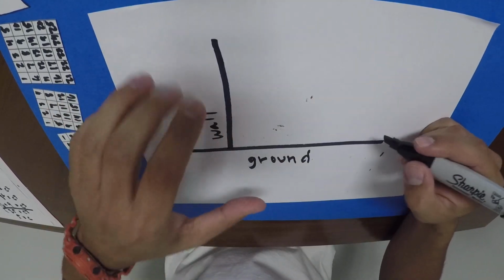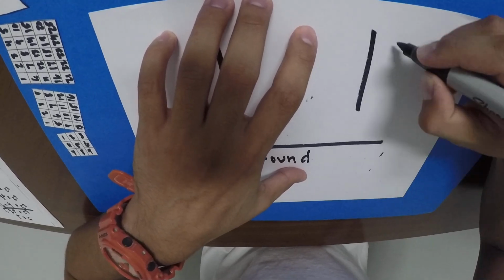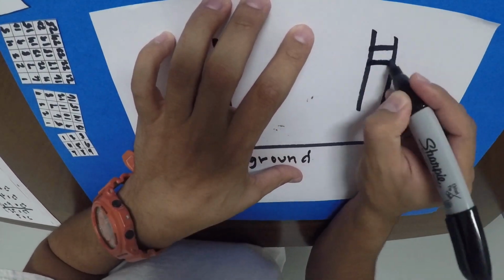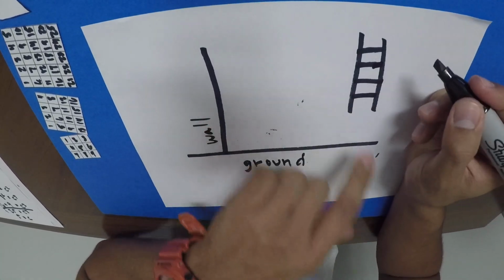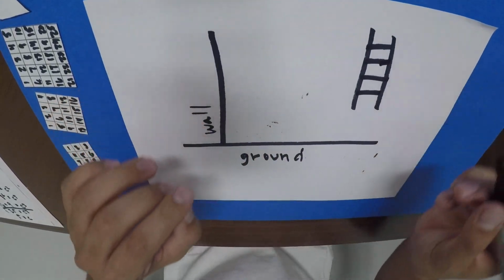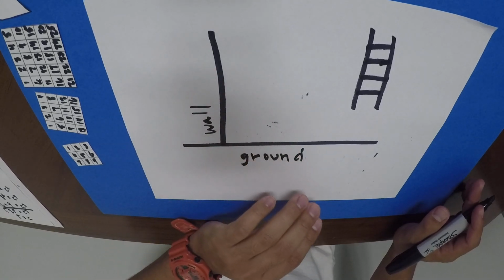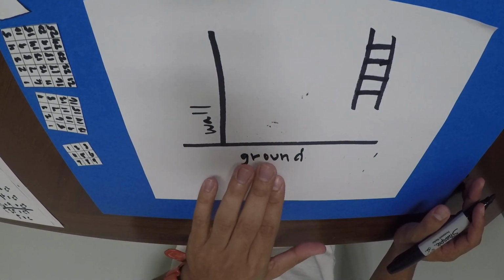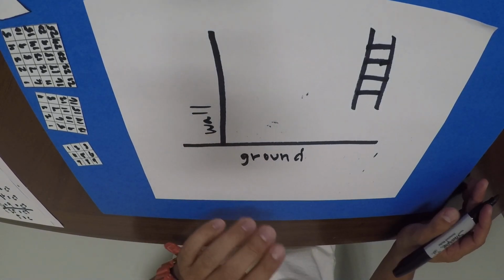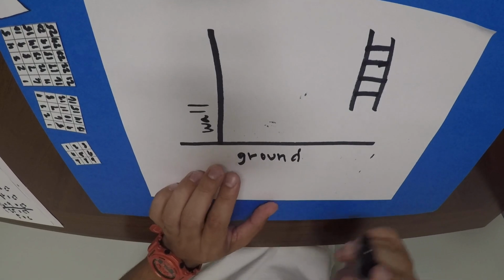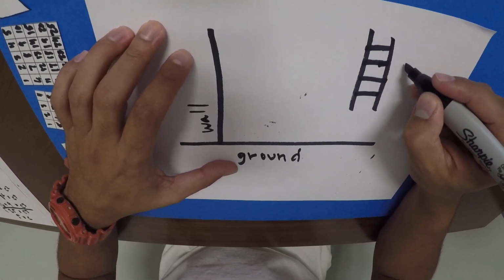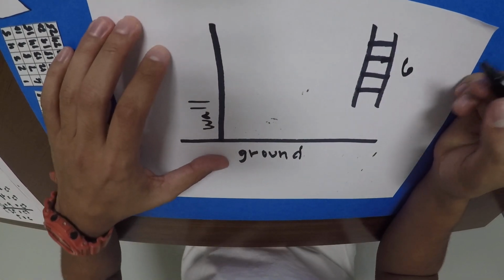And over here, I'll leave it over here because we haven't found out the information yet. But over here we have the ladder. We want to lean this ladder against the house, and we want to find a secure length on the ground of how far the legs should be from the wall of the house. So let's say we have a 6-foot ladder, right?